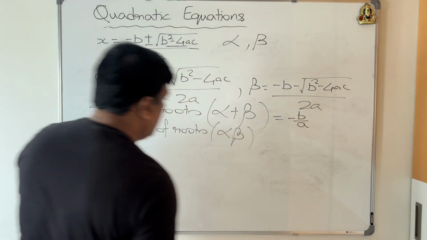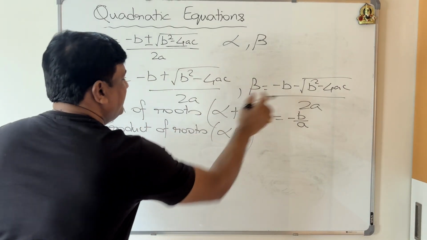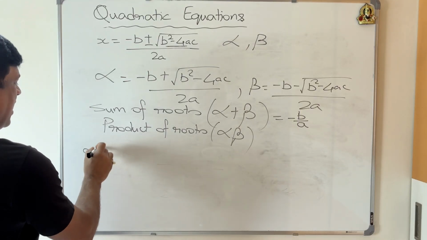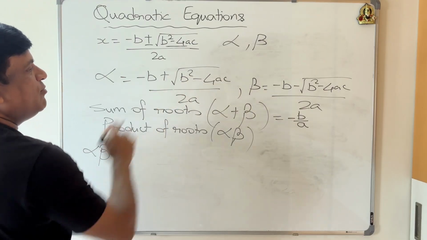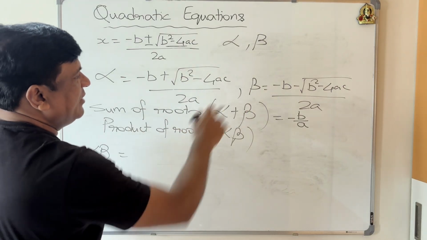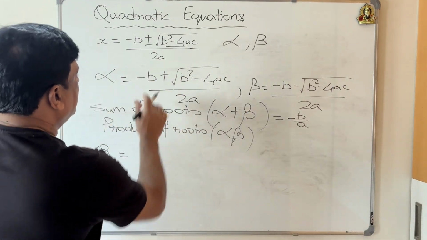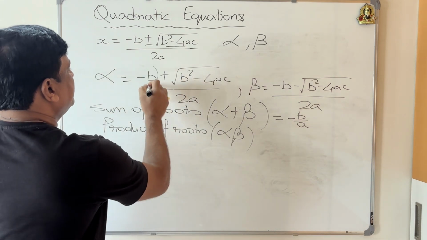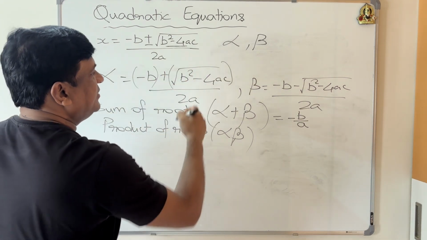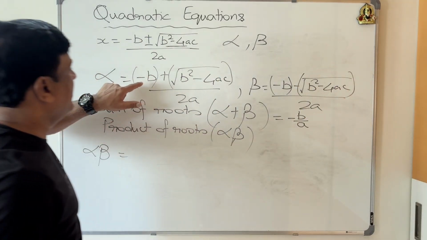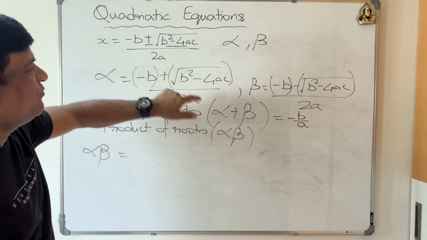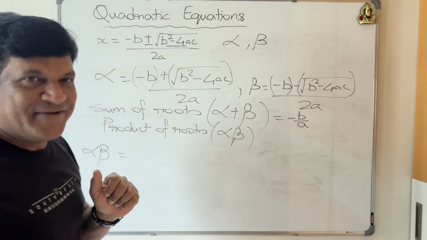Okay, now product of roots, multiply these two quantities, alpha and beta. You have to multiply this with this. Look at it, this is a -b, this is a term, and this is a term. It is in the format of (x plus y) (x minus y), right?